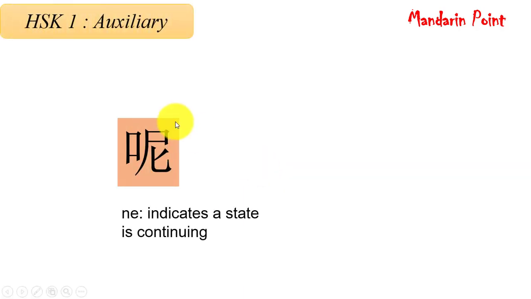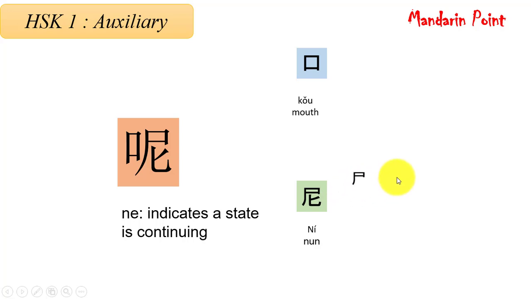The next one is ne, and it indicates a state is continuing. The previous state is continuing and it is valid in the current scenario as well. On the left side we have kou, meaning mouth, while on the right side we have this ni, meaning none. This one can further be simplified. The top one is shi, meaning body or corpse, while the lower one is bi, meaning spoon or ladle.